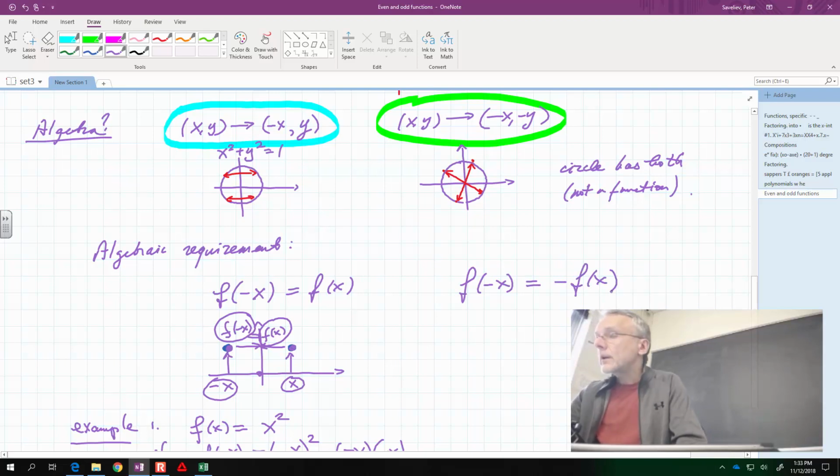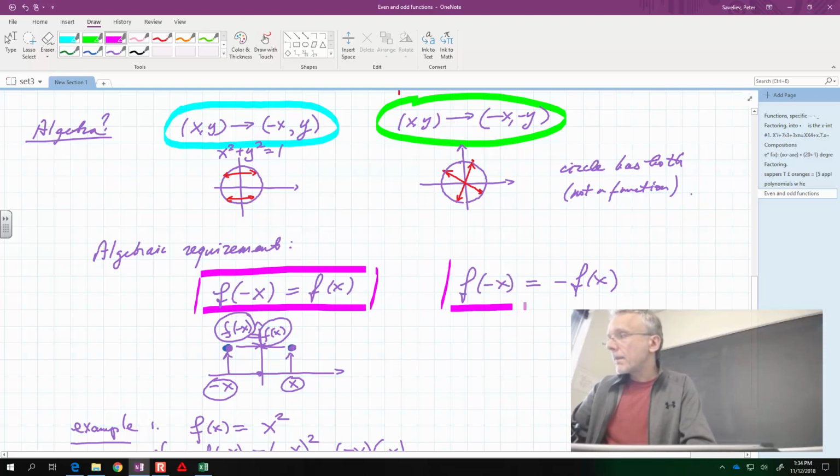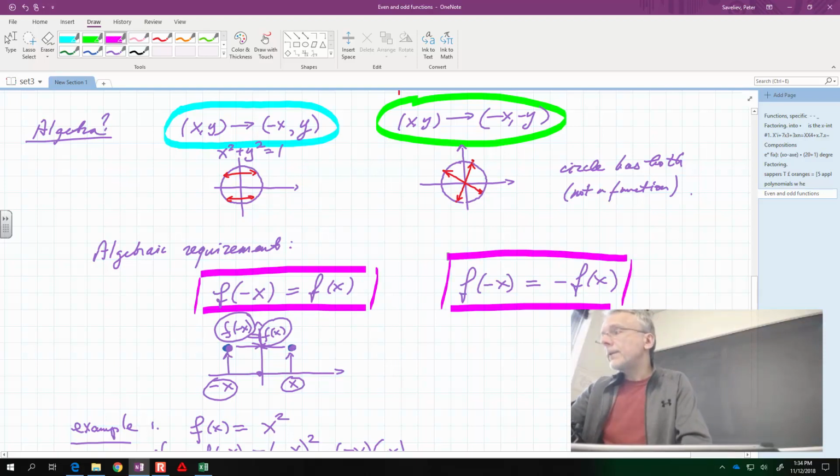That's the algebraic requirement. So for an even function, it's very different, right? If for an even function we flip x, nothing happens to y. For the second one, if we flip x, y flips too.